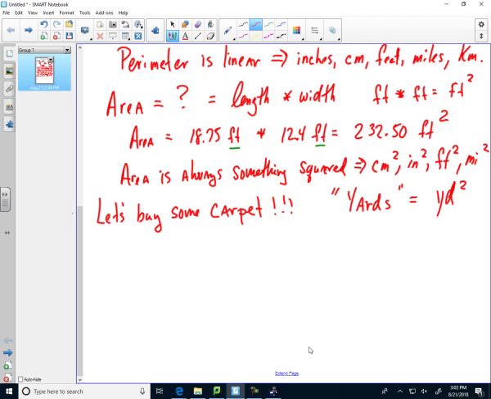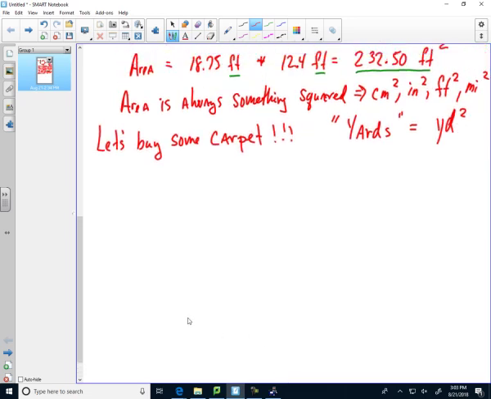Okay? Now, in our area calculation here, do we have square yards? No. You think we can figure that out? Let me show you something. By the way, I love this. So, pay attention. I actually think this is very useful. Here's what I'm going to do.